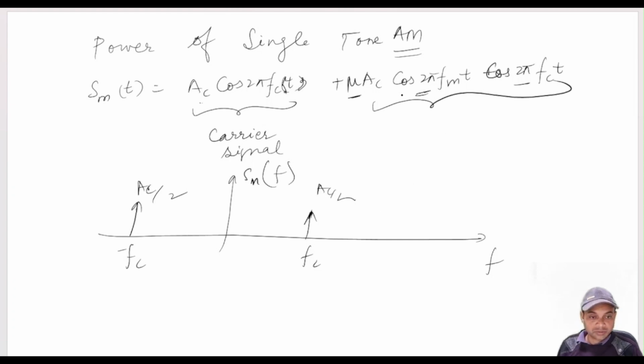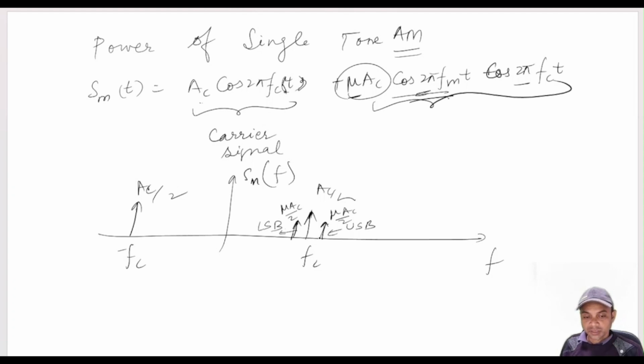Okay, and what will happen about that? In the frequency domain, we have two arrows, one called the upper sideband and the other called the lower sideband. And what will the amplitude be? Mu Ac by 2, mu Ac by 2.